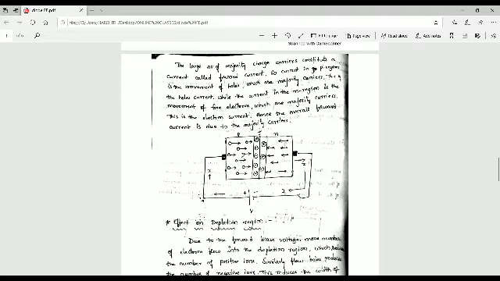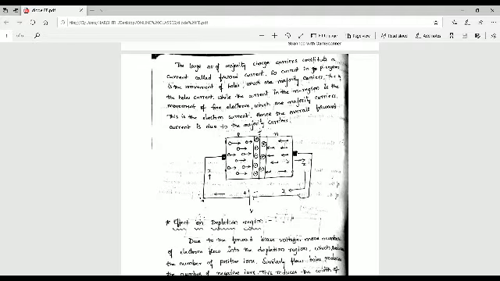Similarly, the positive terminal pushes the holes from the P region to the N region. The negative terminal of the battery pushes the electrons from the N region to the P region, and the positive terminal of the battery introduces holes from P type to N type.